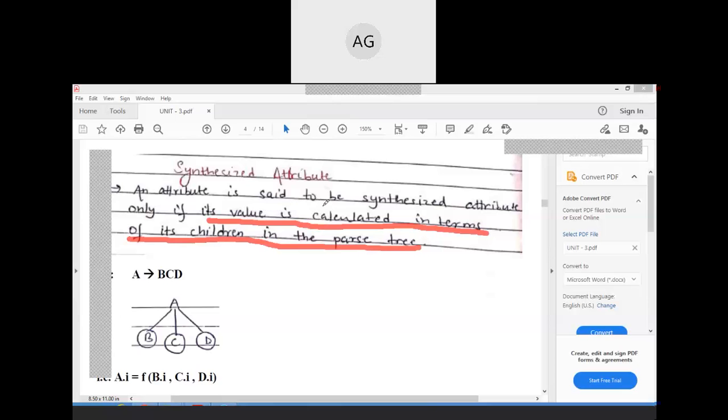As an example, if you are given a production like A produces B, C, D, then you need to make a parse tree in which A is the parent. Here A is the parent node and B, C, D are its children.